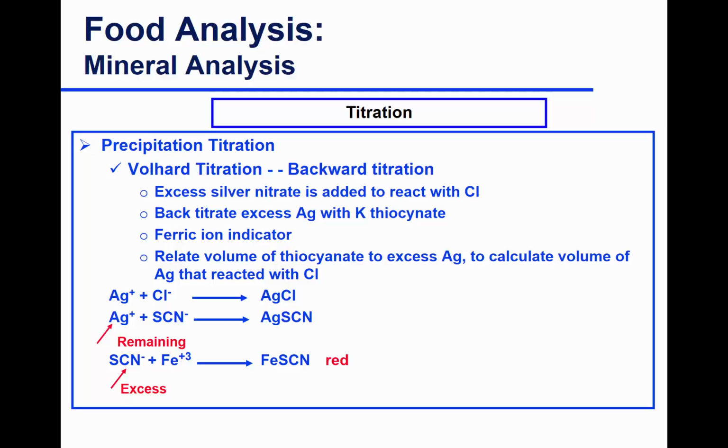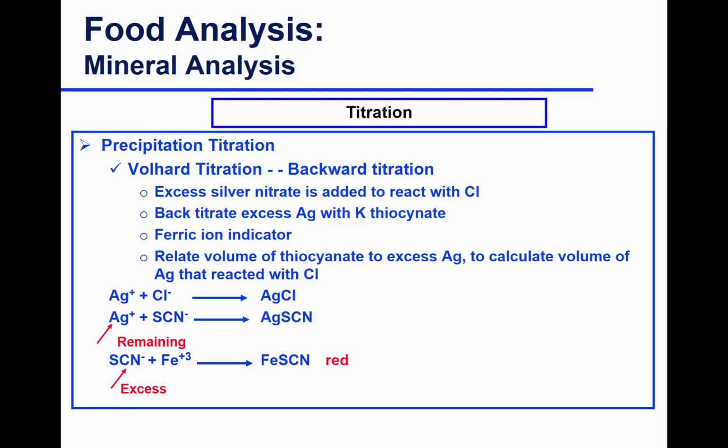In this case, you don't titrate with silver nitrate, you just add excess to your sample. You put in excess silver nitrate and you get the complex. Any remaining silver nitrate, because you had excess at the beginning, will react with thiocyanate reagent, and that is what you titrate with in this case.